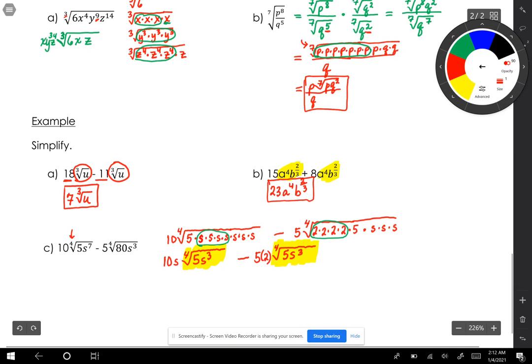So we have 10s minus 10. You can't combine that or call it 0, but you can subtract those two. Times 4th root of 5s to the 3rd. That one was really hard.